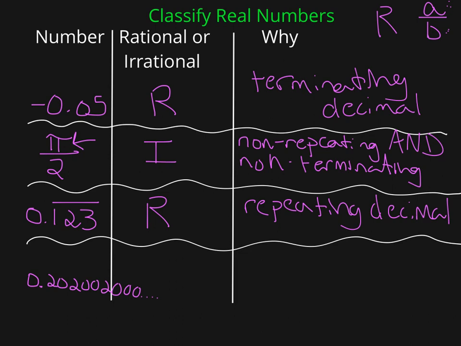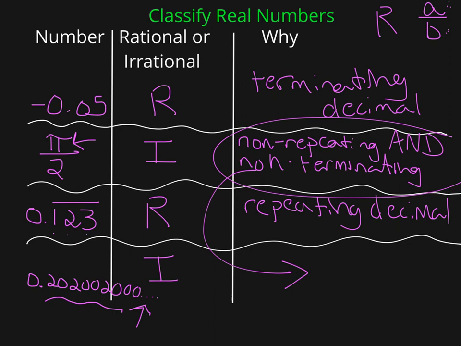I kind of went into the other column a little bit, but the dots show that it's never ending, it's non-terminating. And as you can see here, there's kind of a pattern to it, but it's not the same exact numbers repeating over and over again. So it's irrational. And why is it irrational? Because it's non-terminating and non-repeating.